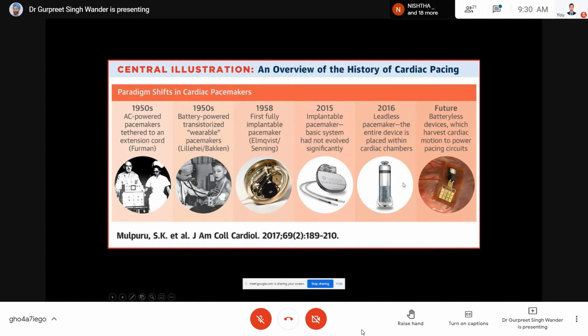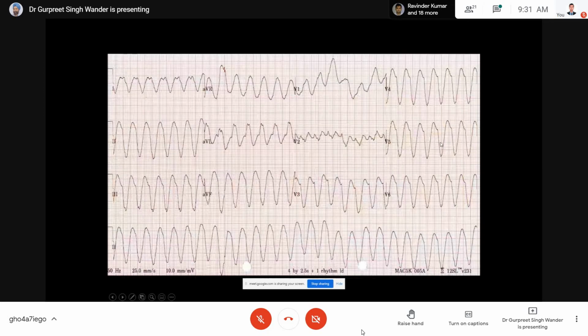We still use pacemakers produced by Medtronic, St. Jude's and Boston Scientific. And these are leadless pacemakers, you can see, and the entire device is placed within the heart, a small device. The future will, of course, be batteryless devices which can use the cardiac motion itself to power themselves, so we will not have to change the pulse generators.